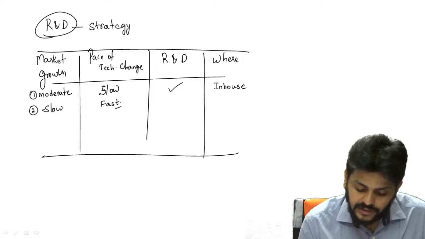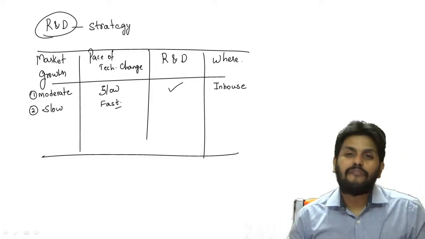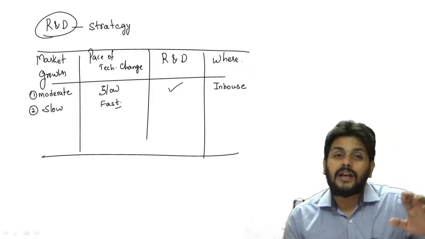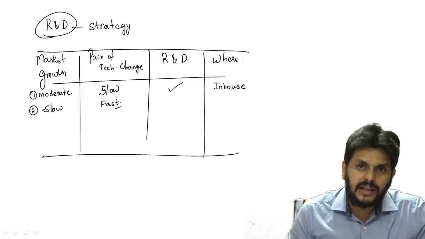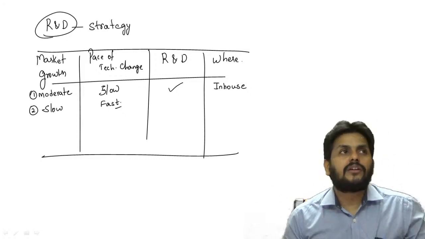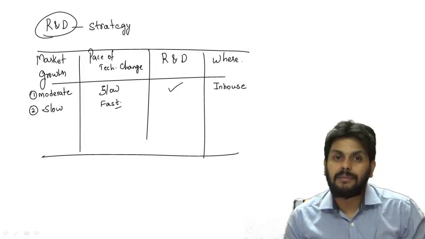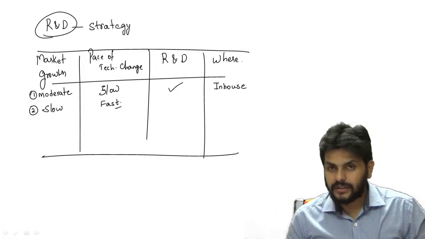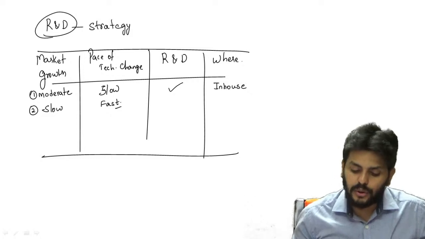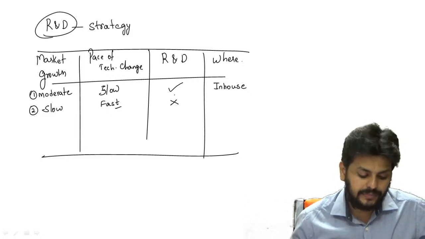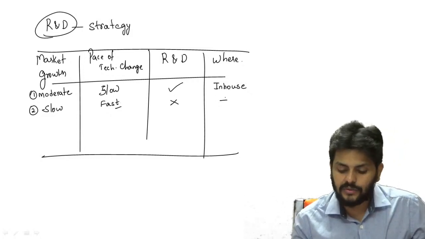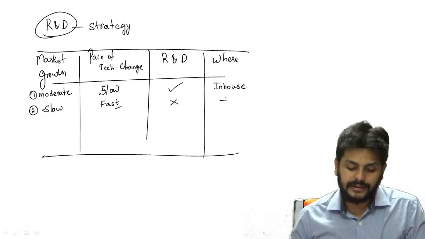But when technology is fast, you will obviously not do R&D, because by the time you finish doing R&D and come out of that, the technology will change and you will end up developing something which is obsolete. Sir, then what do you expect me to do? Don't do R&D. No R&D. And when there is no R&D, the question of doing it where is not there at all.